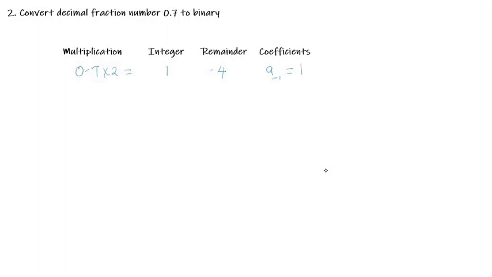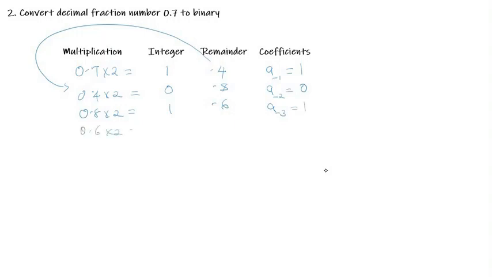Then I pick the fractional part of the result and multiply by 2. 0.4 multiplied by 2 gives me 0.8. So the integer is 0, the remainder is 0.8, and a minus 2 is equivalent to 0. I repeat the same procedure. 0.8 multiplied by 2 gives 1.6. So the integer is 1, the remainder is 0.6, and a minus 3 is equivalent to 1.